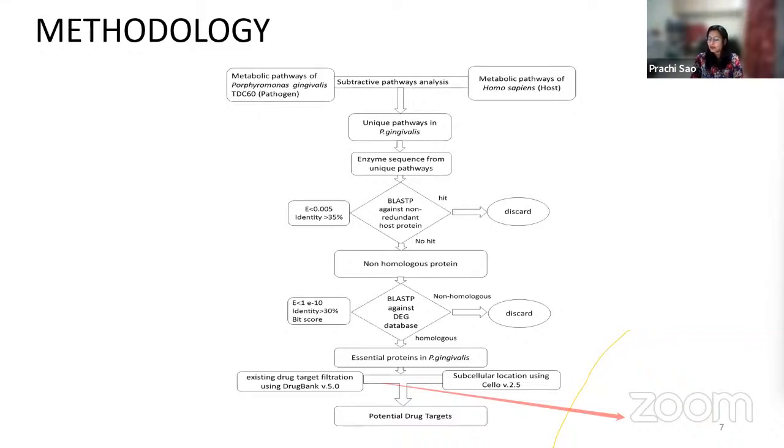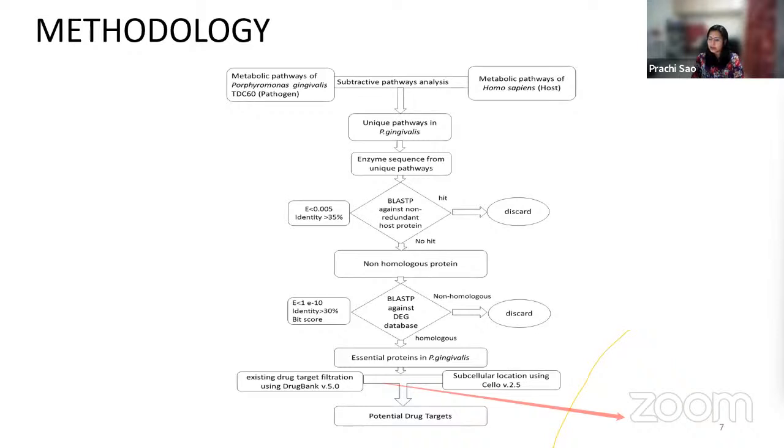So in the subcellular localization, what we have to make sure is how accessible this protein which we want to study is when we are subjecting a drug for any type of disease. So the drug has to reach the target for it to work.